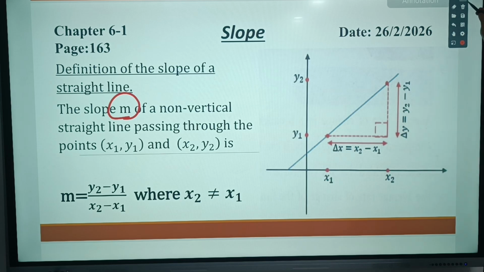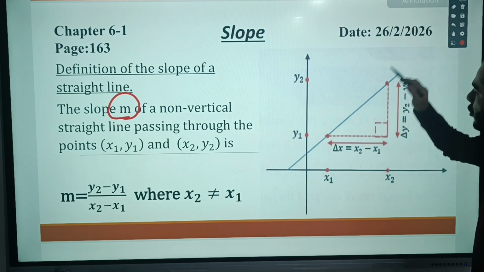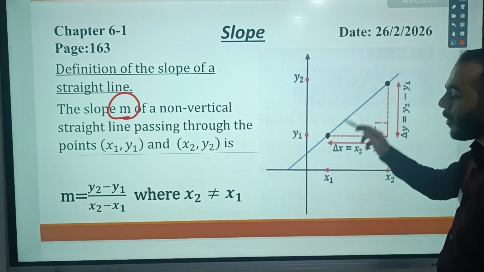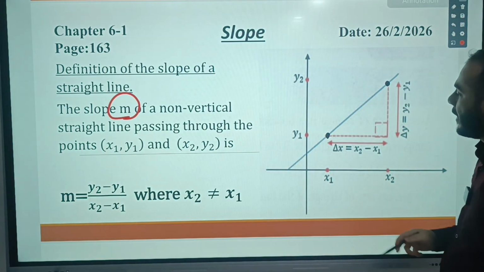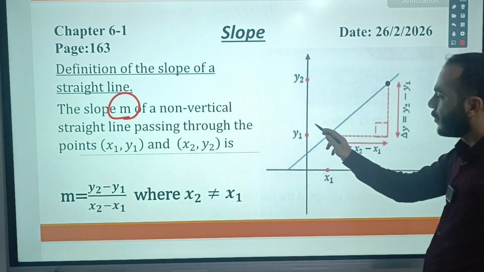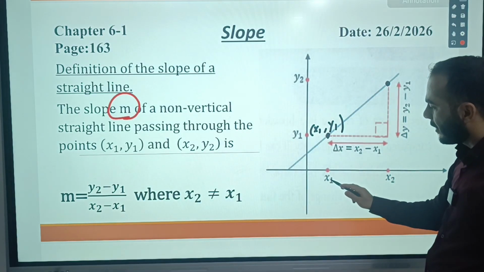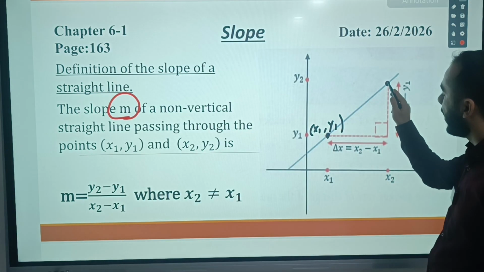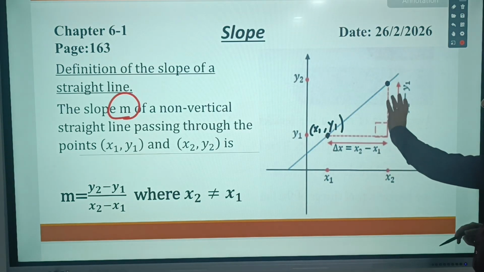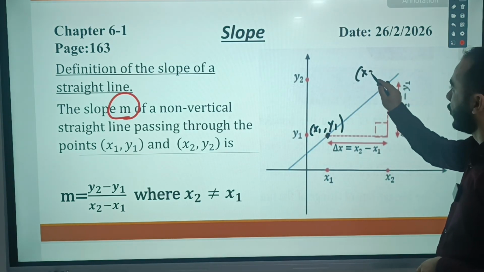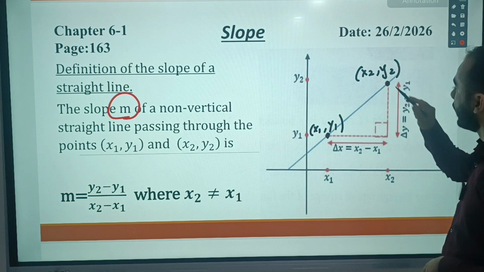Look, we have these 2 points. That is the first point, and here is the second point. Both of them are on this line. The first one has coordinates x1 and y1, as you can see. And the second point has coordinates x2 and y2.